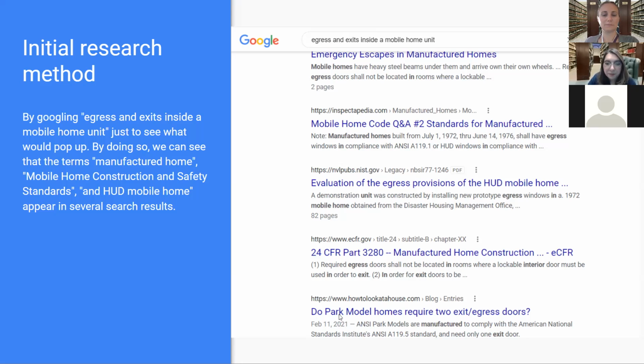Sometimes this blog does reference a code. I can't see exactly because I have my chat box open, but if it did reference the code, I could look up the code and then read the code myself to see if it would be relevant. So that would also be a search strategy.